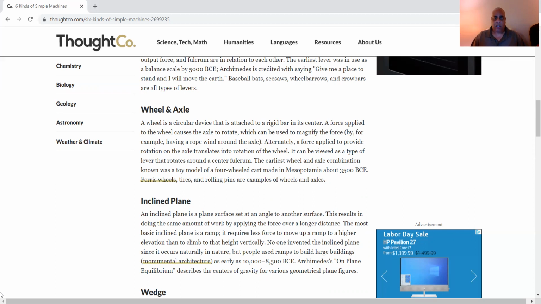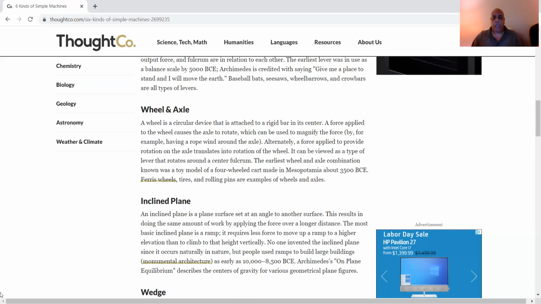Alternatively, a force can be applied to provide rotation on the axle, which translates into rotation of the wheel. It can be viewed as a type of lever that rotates around a center fulcrum.